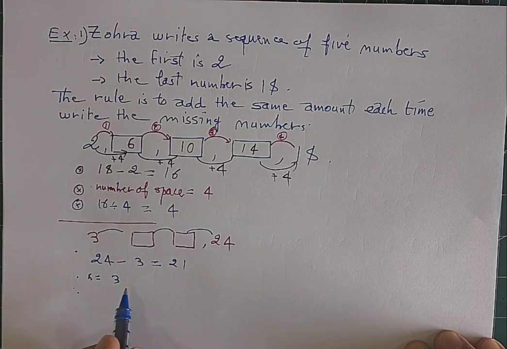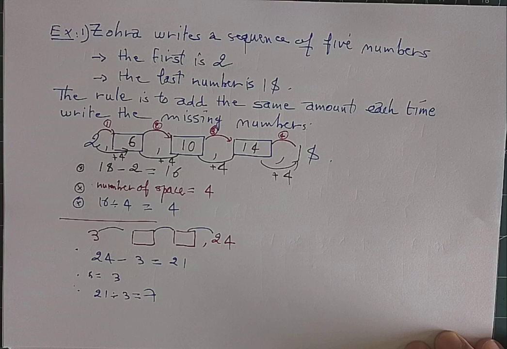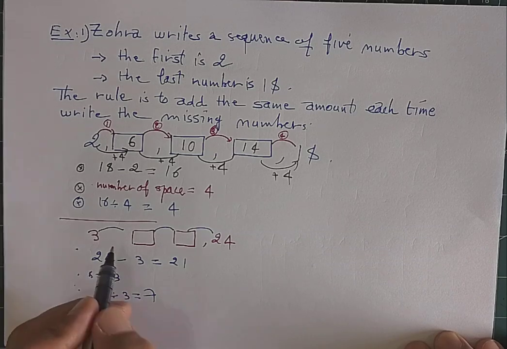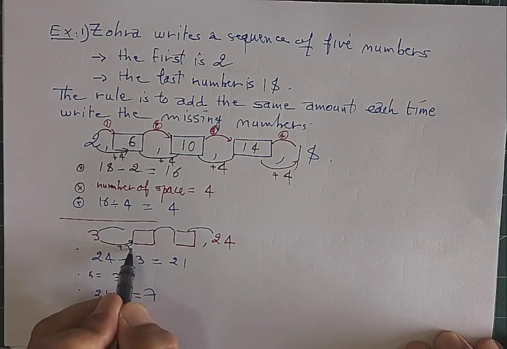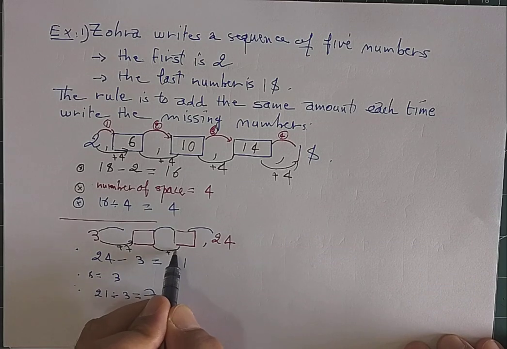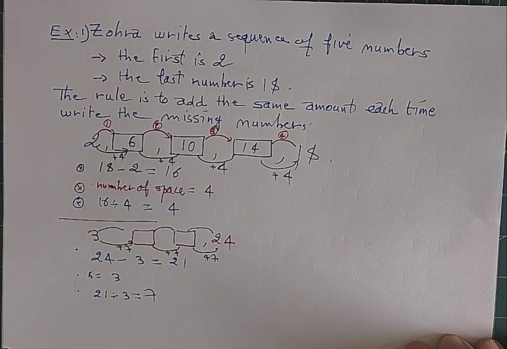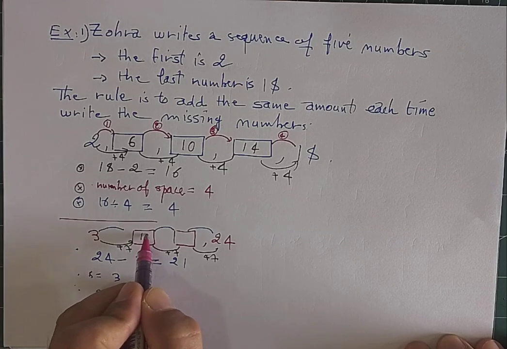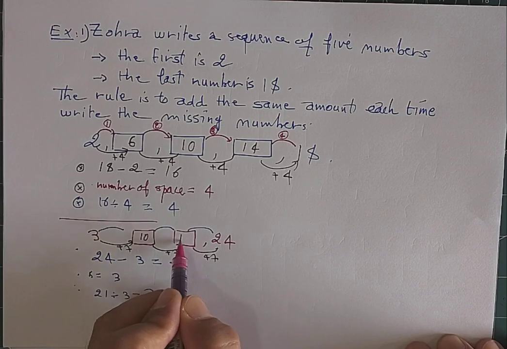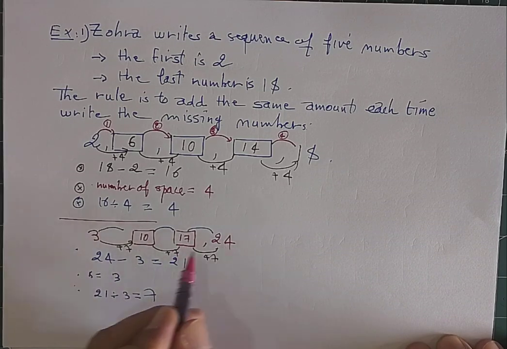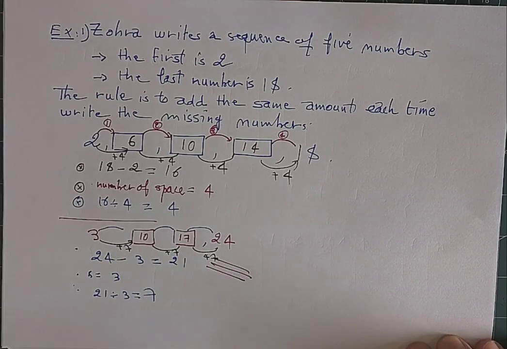The step between each term is 21 divided by 3, which equals 7. I add plus 7 each time. 3 plus 7 equals 10, 10 plus 7 equals 17, 17 plus 7 is 24. Exactly.